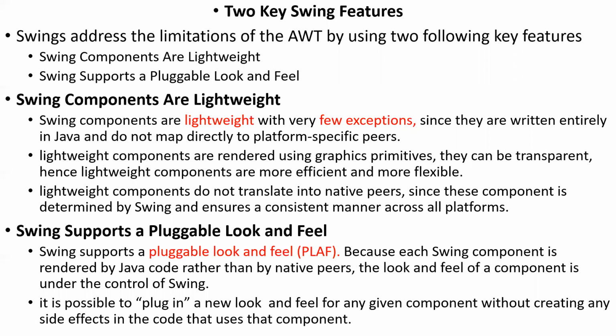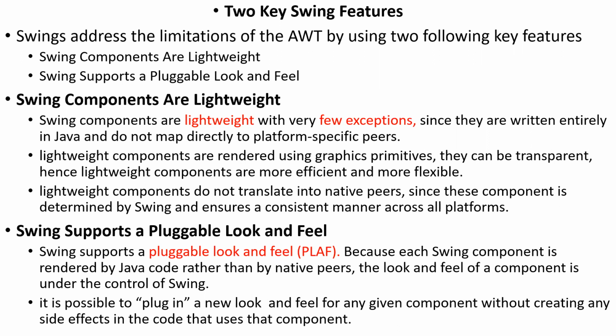Swing ensures a common, consistent way of execution across all platforms. If we use the AWT mechanism, we can't assure that, because some clients may have a good computer with high configuration, and some clients may have a low configuration system.